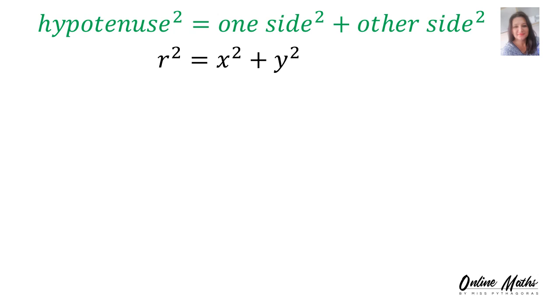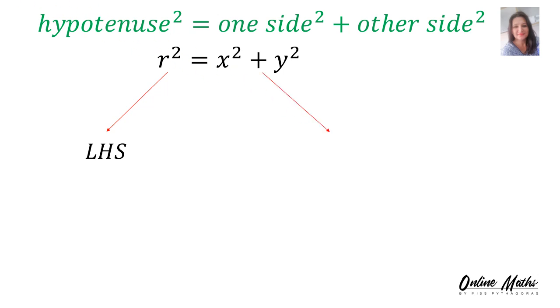So what you do is you will take the left-hand side of this equation, which is the hypotenuse squared, and you will work it out, and you call that the left-hand side of the equation. And then you will do a separate sum, and it's x squared plus y squared.